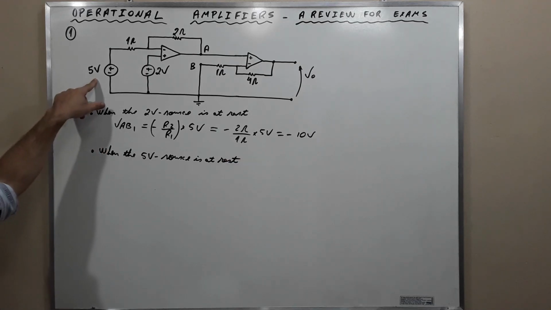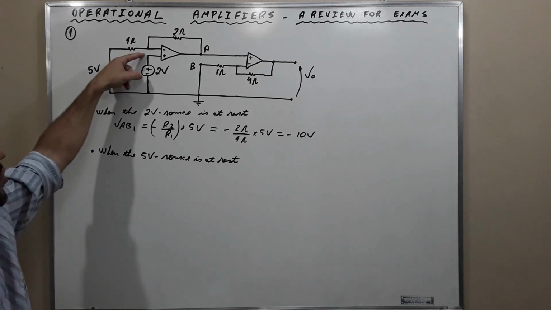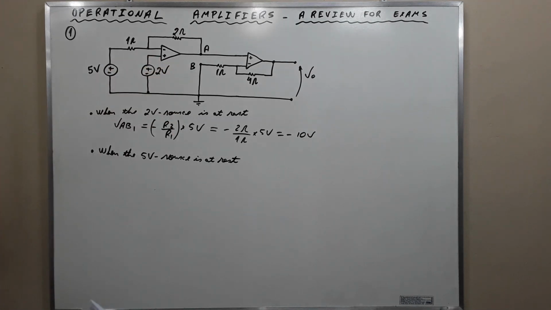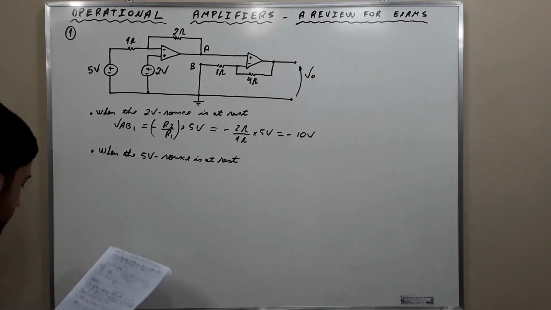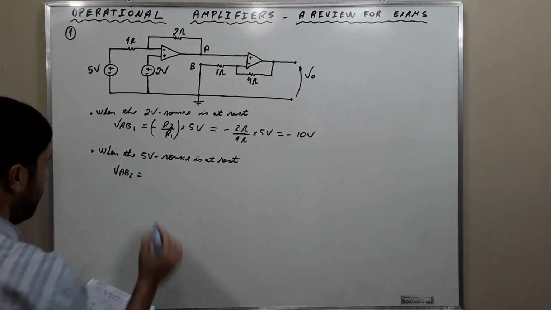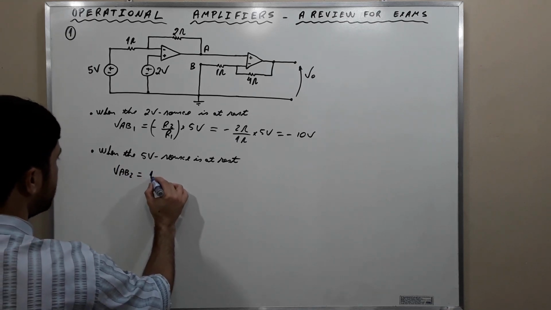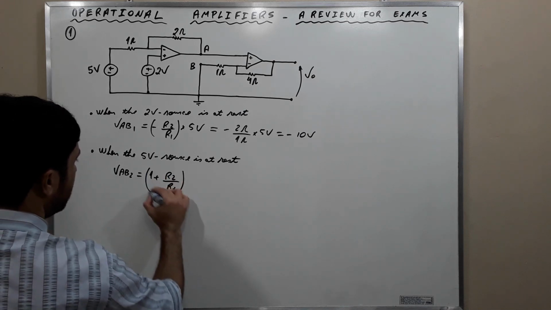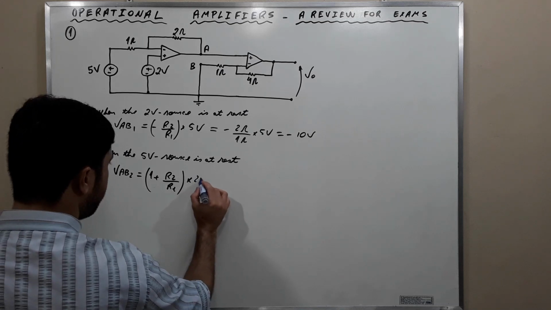When this is at rest, we connect the voltage to the non-inverting terminal. Then we are going to have the gain for the non-inverting configuration. VAB2 is equal to 1 plus R2 over R1 times 2 volts.